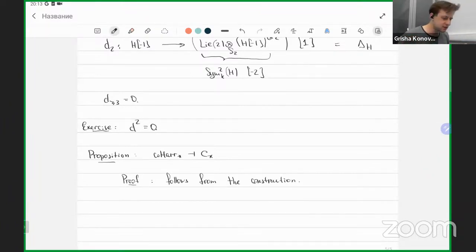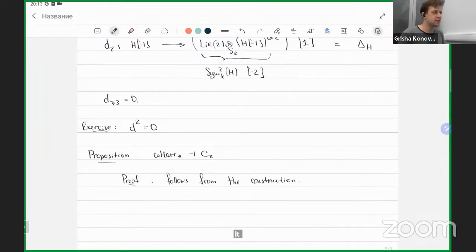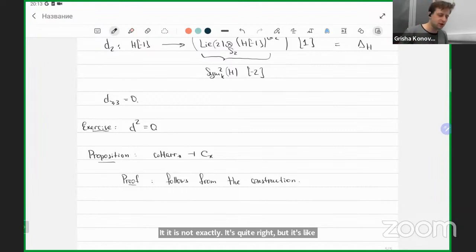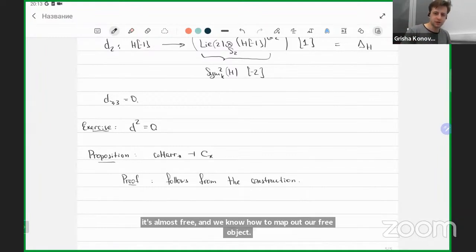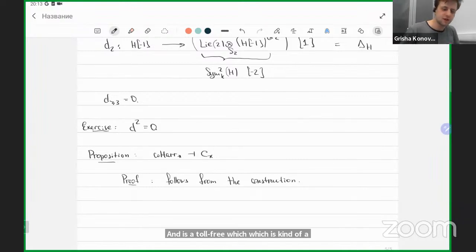It makes sense because cohar is not exactly free, it's quasi-free, but almost free, and we know how to map out of a free object. And C lowest star is not exactly co-free, but it's close to being that, and that makes this proposition follow from just the construction.